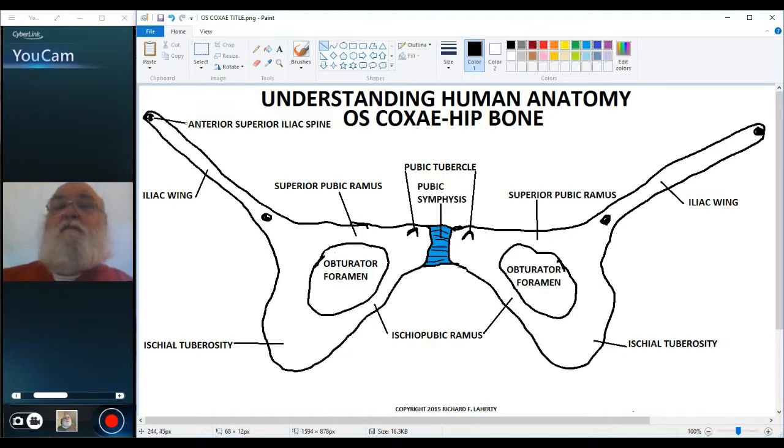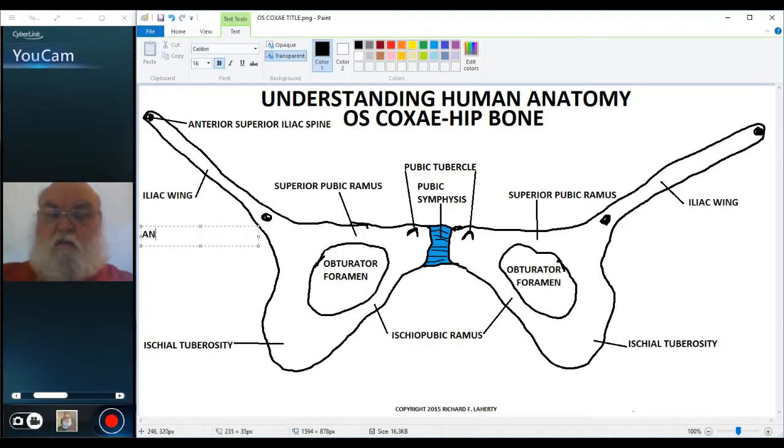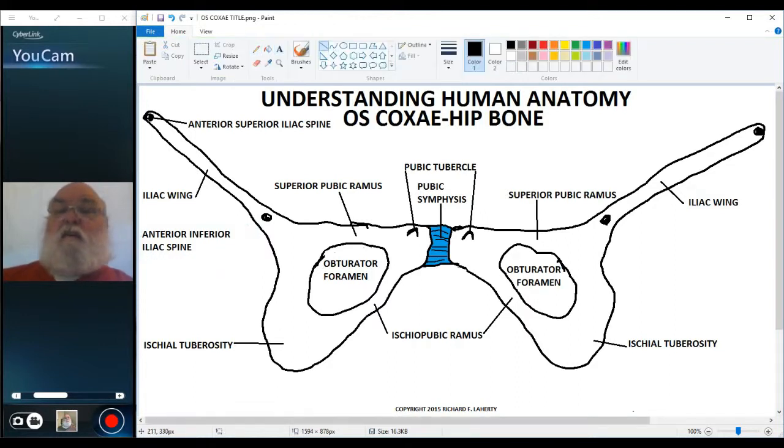And the anterior inferior iliac spine. Draw the line to it, and I'm only going to label those on one side.